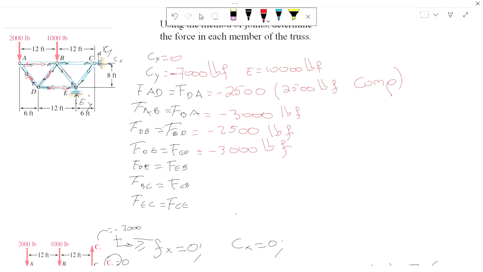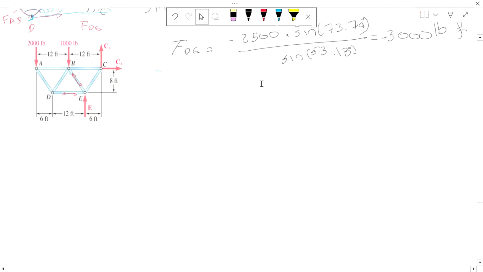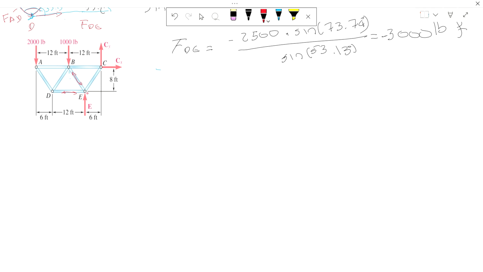All right, now we can find B to E. If we go here, we move to point E, but now point E is not based on the elements alone, it's based on the force as well. So if you notice, we have E and B and E, yeah, we have everything. So we go to point E. In this case, we have a force coming up of 10,000.